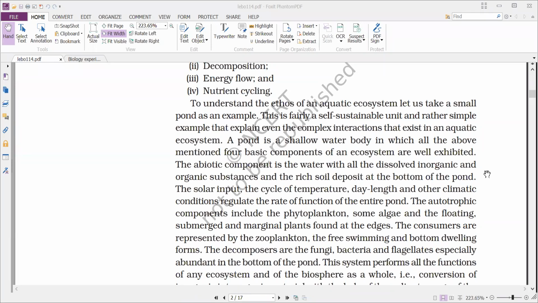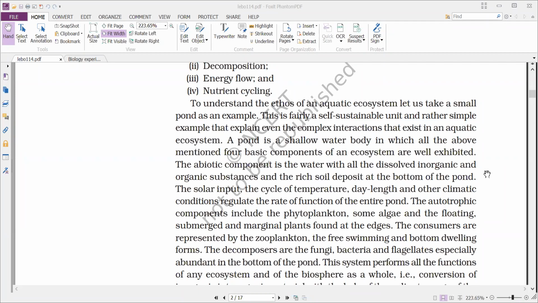Next, the solar input, the cycle of temperature, day length, and other climatic conditions regulate the rate of functioning of the entire pond. Solar input means how much intensity of light is available. Next, the temperature cycle, because different seasons have different temperatures. And day length, whether it is a short day period or a long day period.